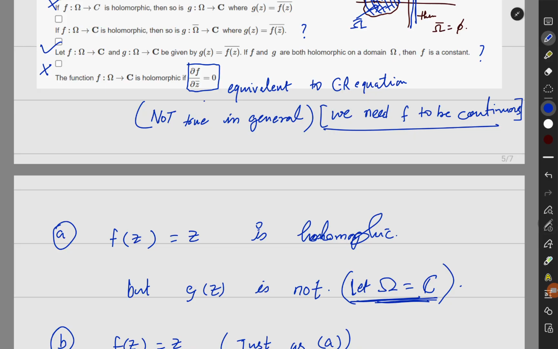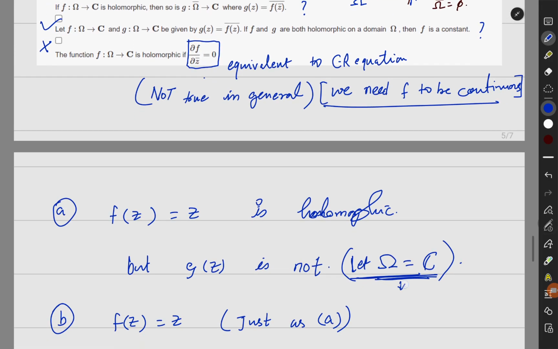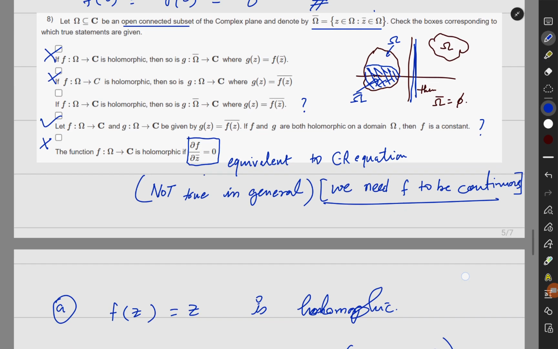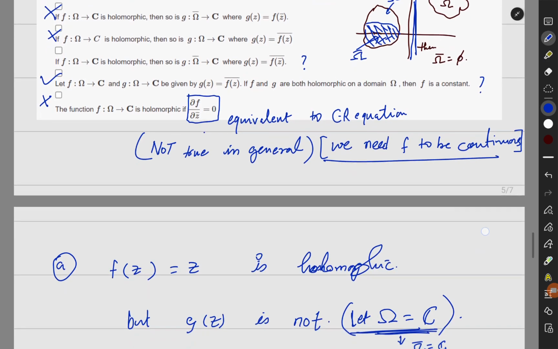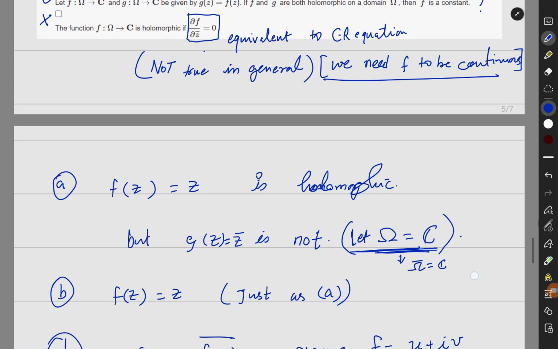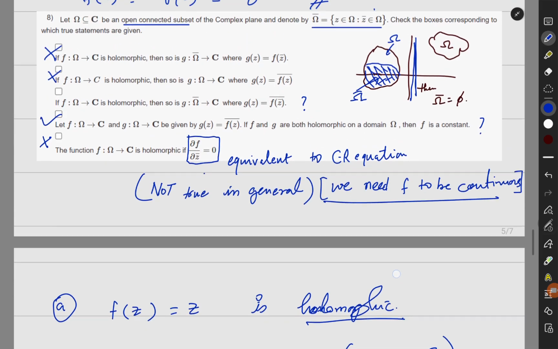So omega bar, in this case, is also equal to whole of C. Conjugate of C is C. Now when f is the identity function, what is g? G is equal to z bar, just z bar, because f of z bar will be z bar only. F is the identity function, and z bar is not holomorphic. We have seen this. Okay, so A is wrong.